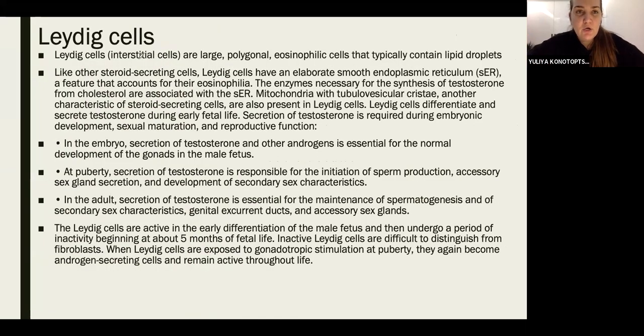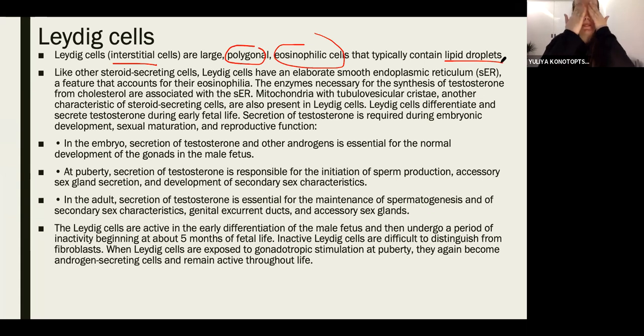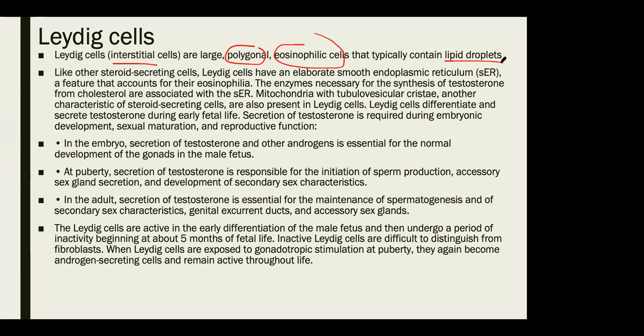Okay, Leydig cells, we talked about them. Another name for them is interstitial cells because they are within the interstitium, right? So they're between the tubules. They are polygonal eosinophilic cells that make testosterone. Because they make testosterone, they have lots and lots of lipid droplets. Tell me why? How is it related? Testosterone is a cholesterol derivative.